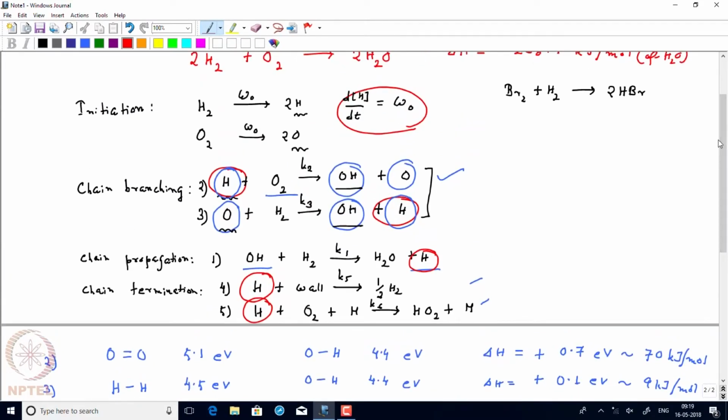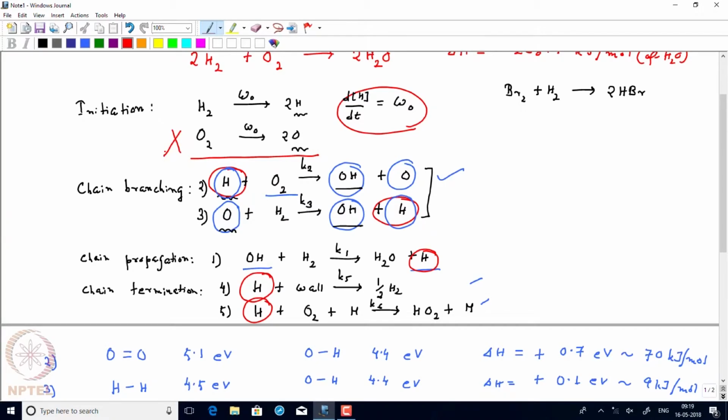So as you can see this process, this bond energy is pretty high, and what I am also saying is that I can actually ignore the first step also, saying that the reaction is mostly controlled by H radical formation. So I can actually ignore this step, because the rate will be much slower.